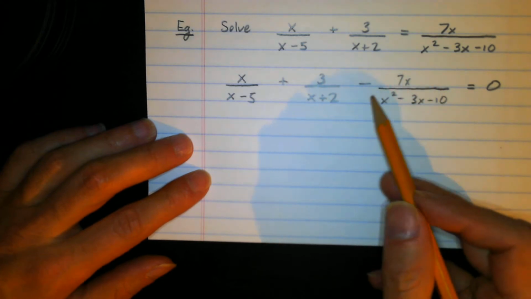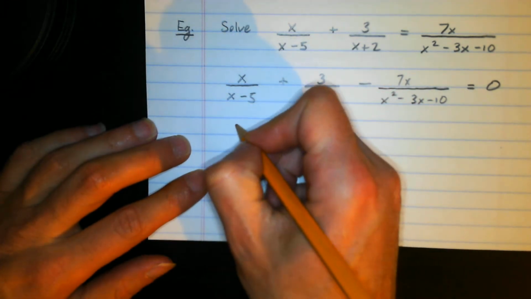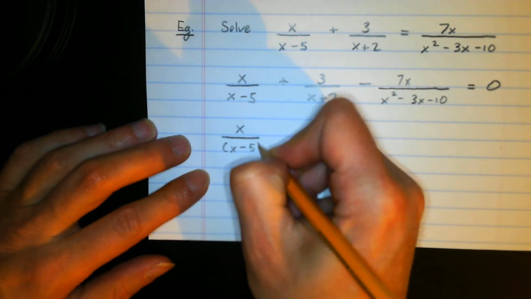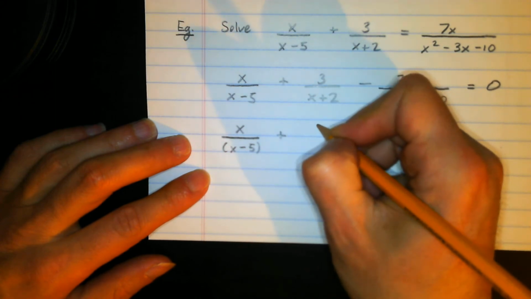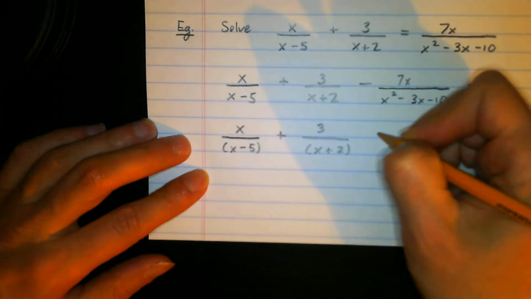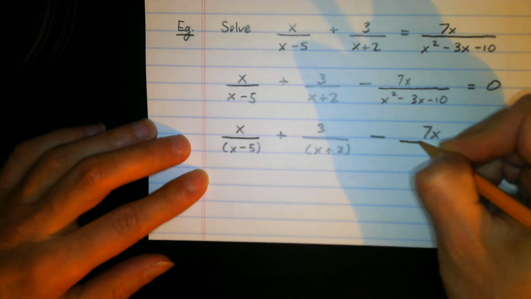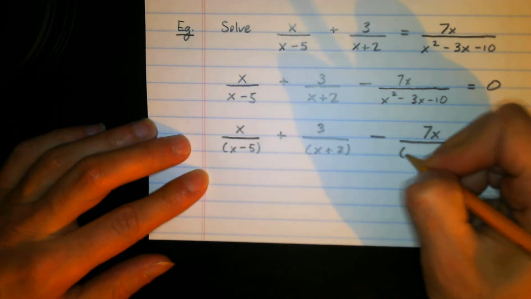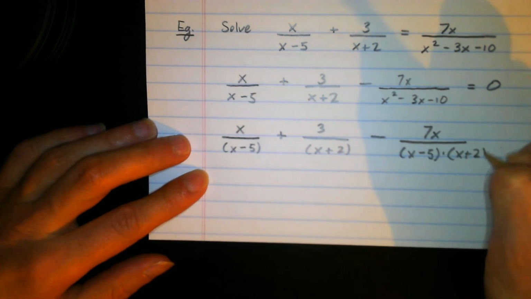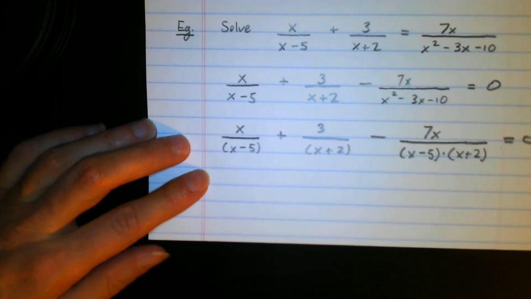Therefore, the factorization of this is x minus 5 times x plus 2, and this all equals 0. Don't lose that right-hand side here.